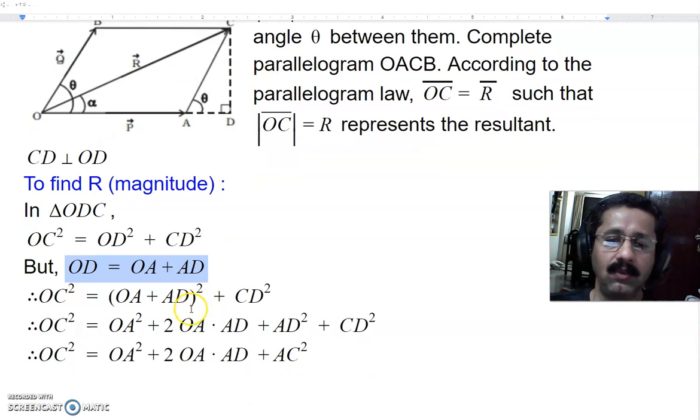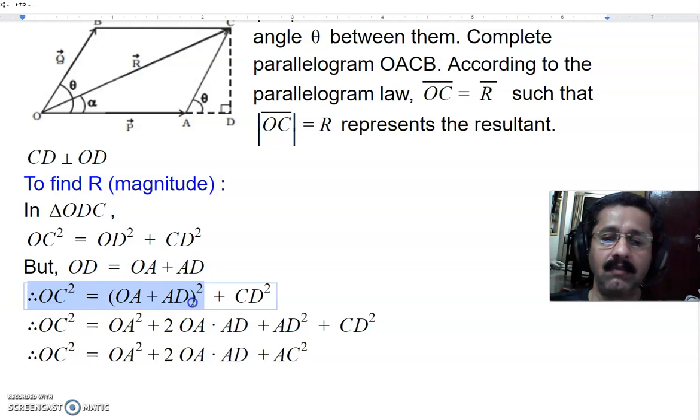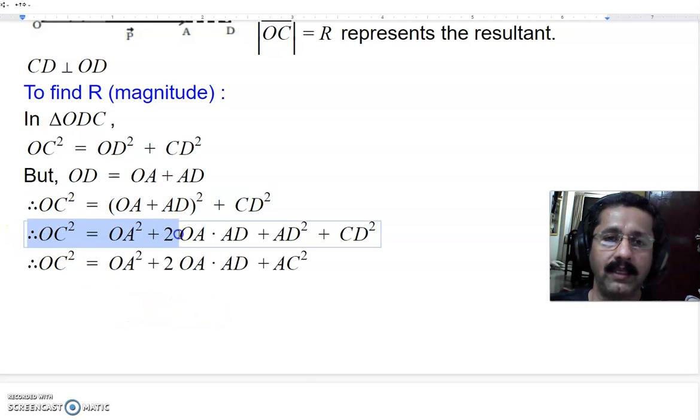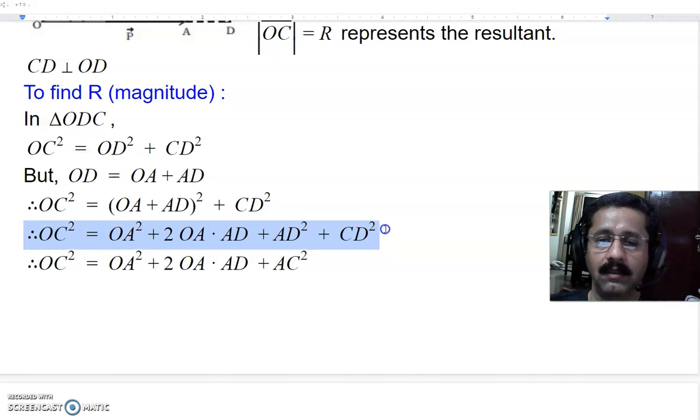Substituting that, OC squared is equal to (OA plus AD) the whole bracket squared plus CD squared, which on simplification gives OC squared equal to OA squared plus 2 OA into AD plus AD squared plus CD squared.